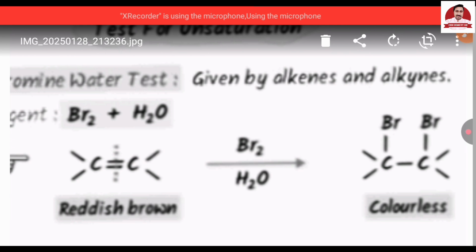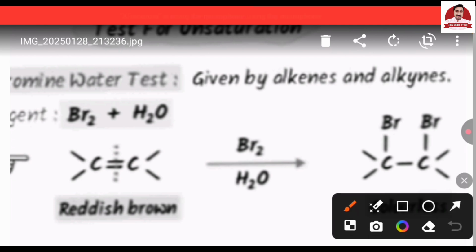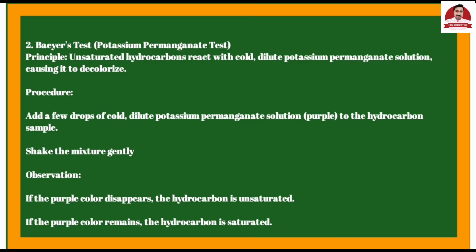Here we can see that when bromine water reacts with alkene having a double bond, the double bond will break up, and by breaking of this bond it changes into 1,2-dibromoethane.